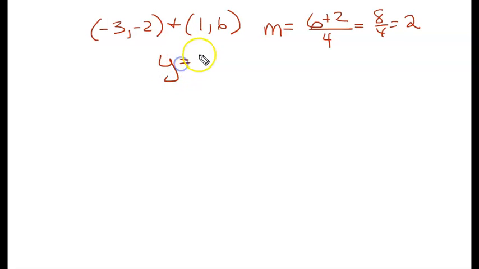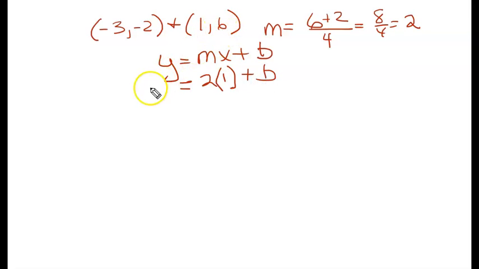Y equals mx plus b. Now we know the slope, so we can do some substitution. The slope is 2. Our x value, let's use this one, is 1. We don't know our b value, but our y value is 6.